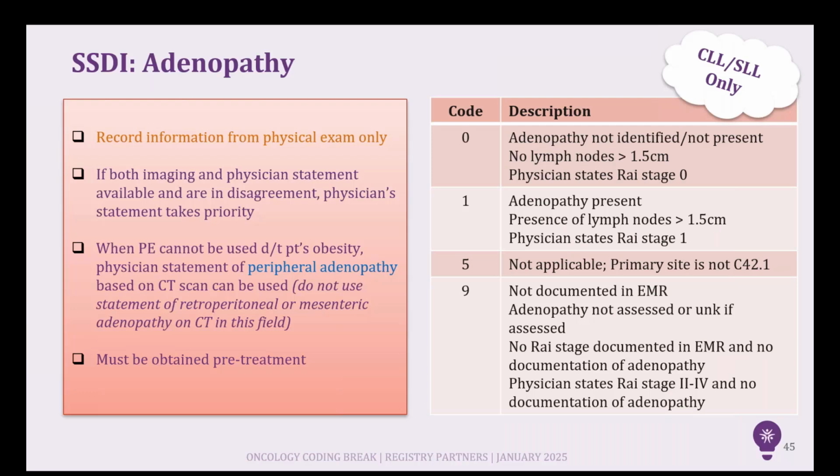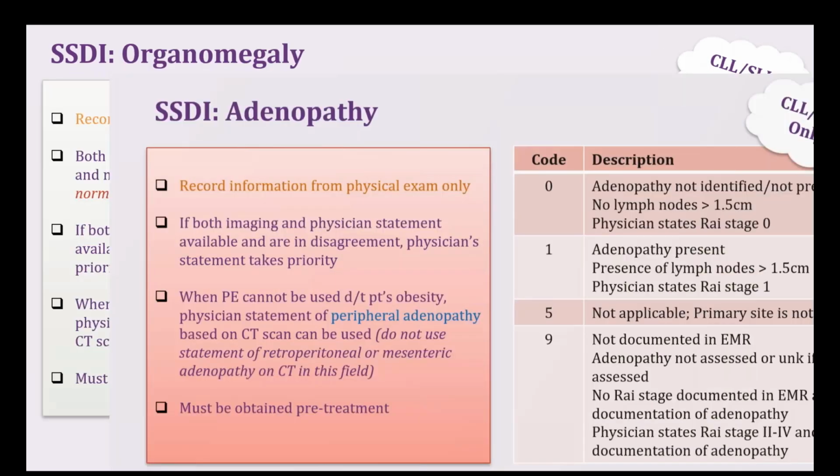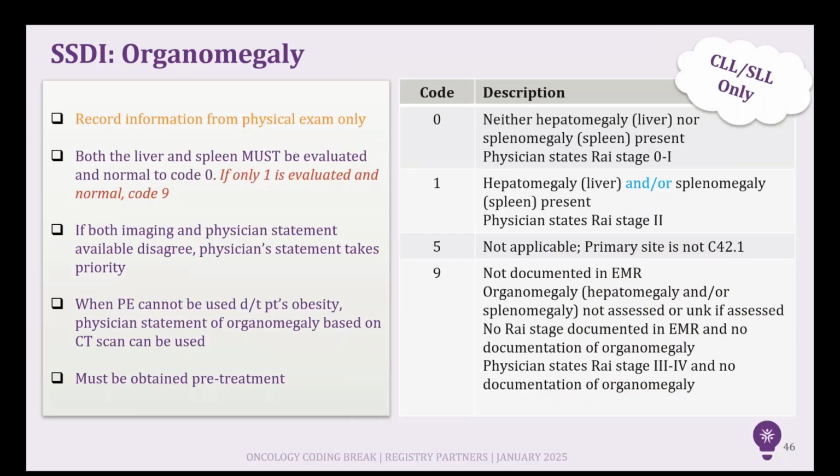The next one is organomegaly. This field is recorded based on information from the physical exam, just like the last one. So both the liver and spleen must be evaluated during the physical exam in order to code 0 normal. If only one organ is evaluated and normal, we're instructed to code 9 because this indicates the full evaluation could not be completed.